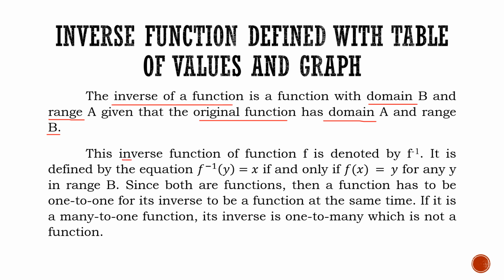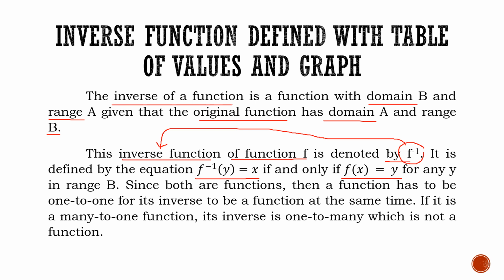This inverse function of function f is denoted by f raised to -1. So we simply use this f raised to -1 to represent your inverse function. It is defined by the equation f raised to -1 of y is equal to x, if and only if f of x is equal to y.